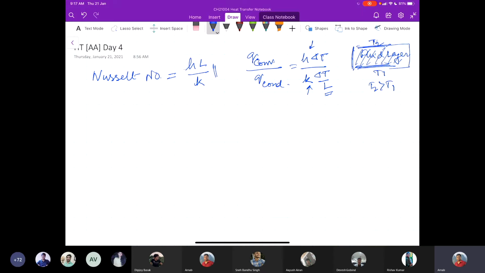Is that feasible? No, sir. And why? Because I think in convection it is a mixture of advection plus conduction. So it will be 1 plus something, advection by conduction. Absolutely. Did everyone follow this part?